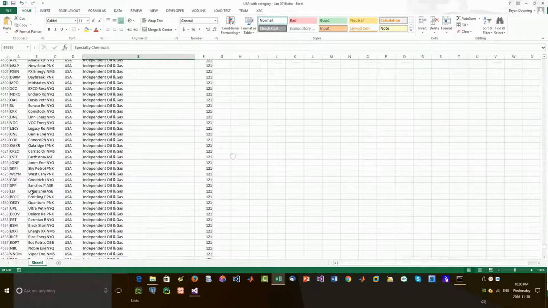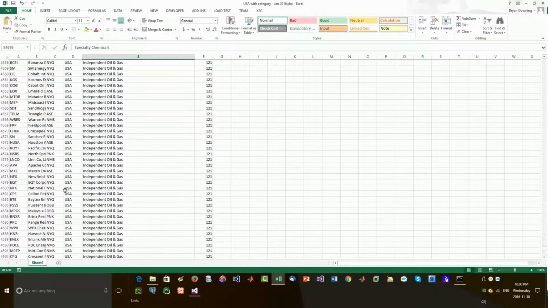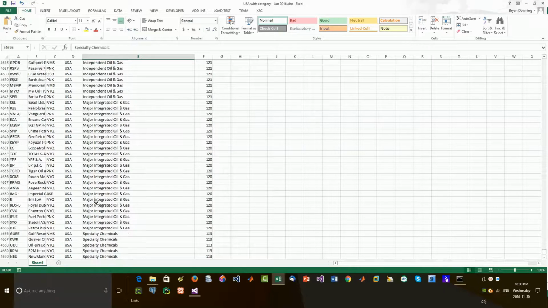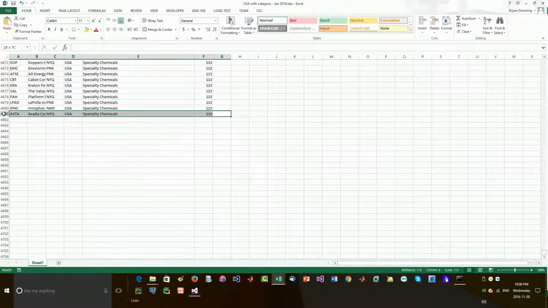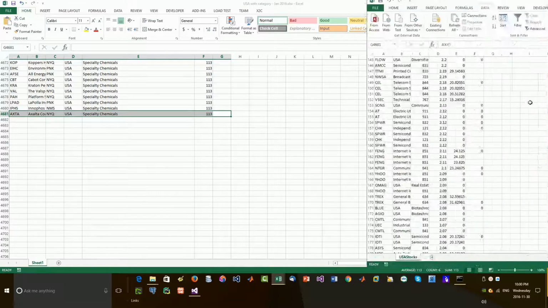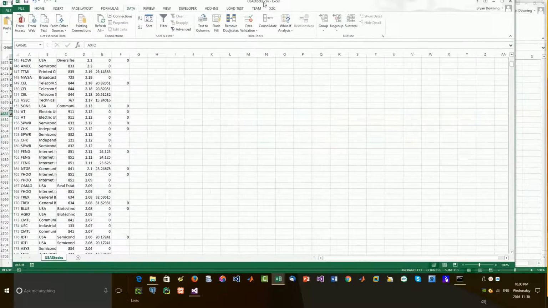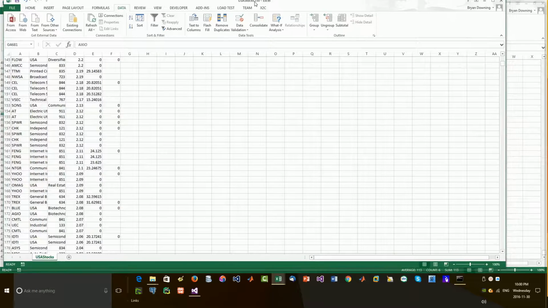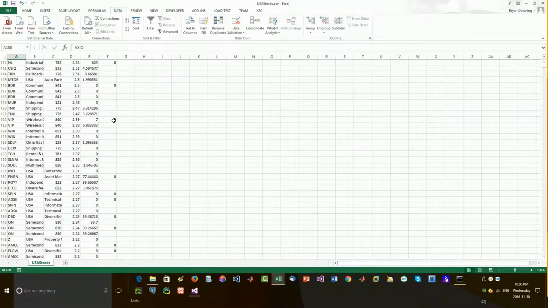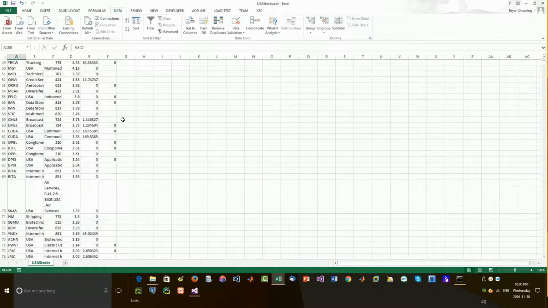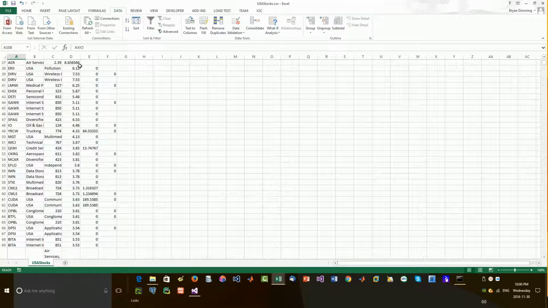When I filter out only those that do have a category, a market sector, you'll notice it's only about 4,800 out of 11,000. Once we get those classified, using again XLQ and the IQFeed, I'm able to filter out a couple of things.